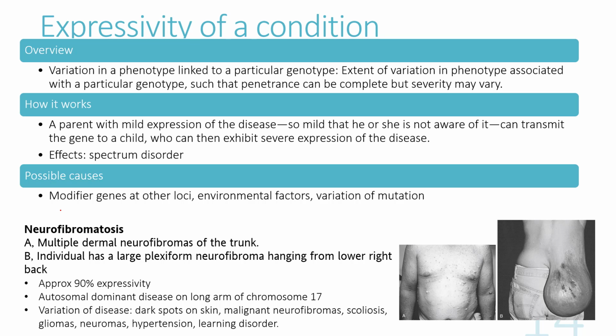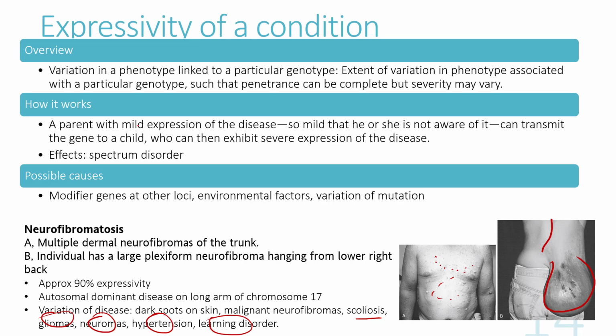A person with the gene for neurofibromatosis can end up with dark spots on their skin, which doesn't affect function, or can end up with a malignant neurofibroma, right? It can also affect their spine. They can end up with scoliosis, tumors of the glial cells or tumors of the neurons, hypertension, or a learning disorder. The different ways that the condition is expressed is called expressivity, right?